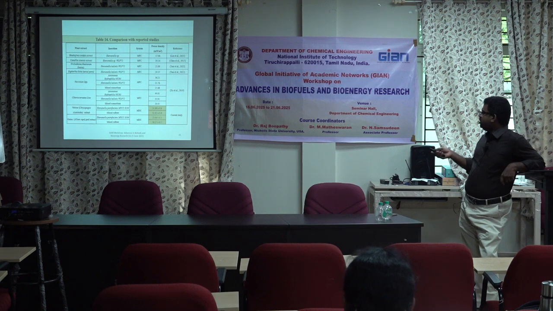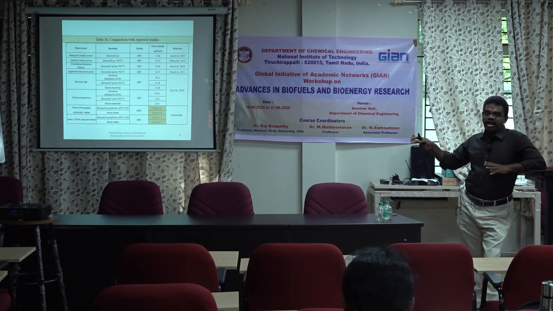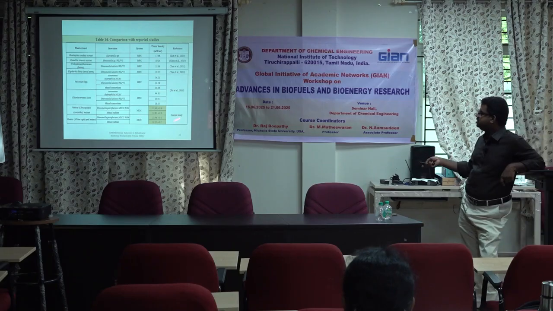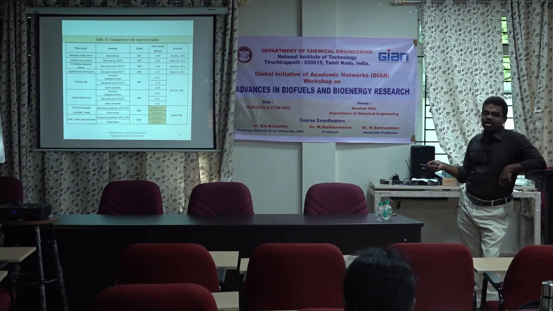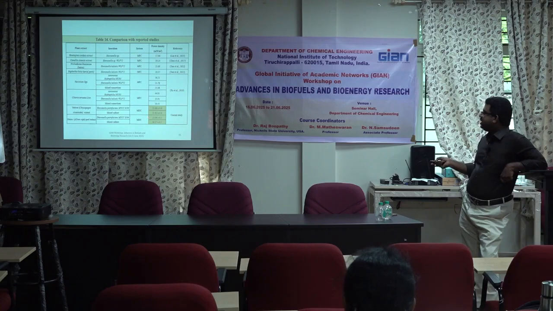Here you can see both extracts and what the performance will be. We improved on what the literature reported. You can see the power density and how far it is improving with respect to others reported.